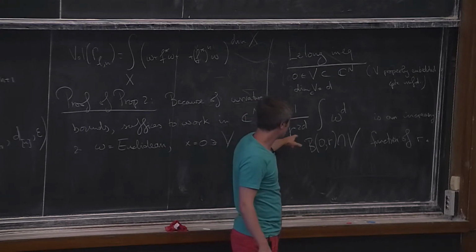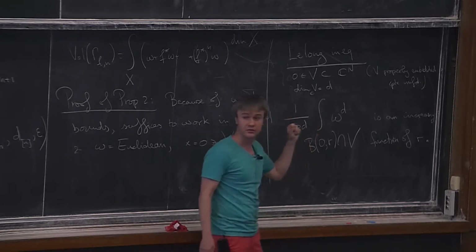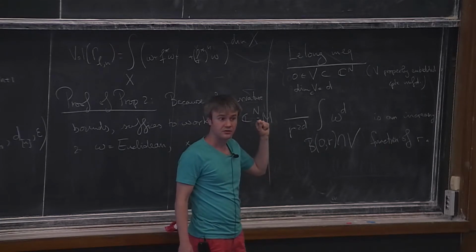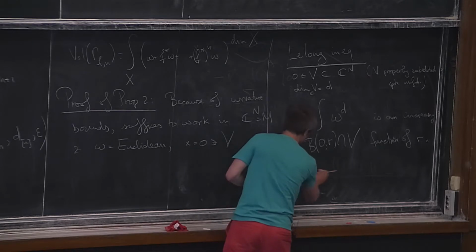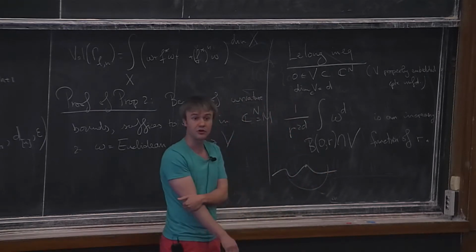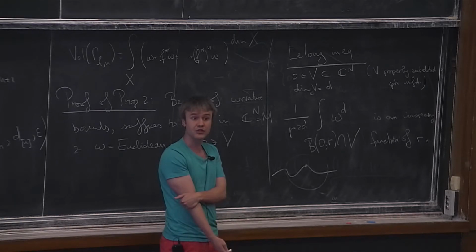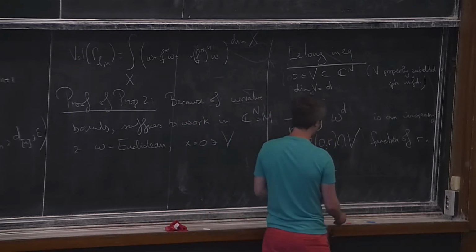So here's a question. What does this tend to when r goes to 0? So we have our manifold, looks something like this. And we take a big ball, but then we start shrinking the ball. The limit will be some universal constant, which is not 0, right?